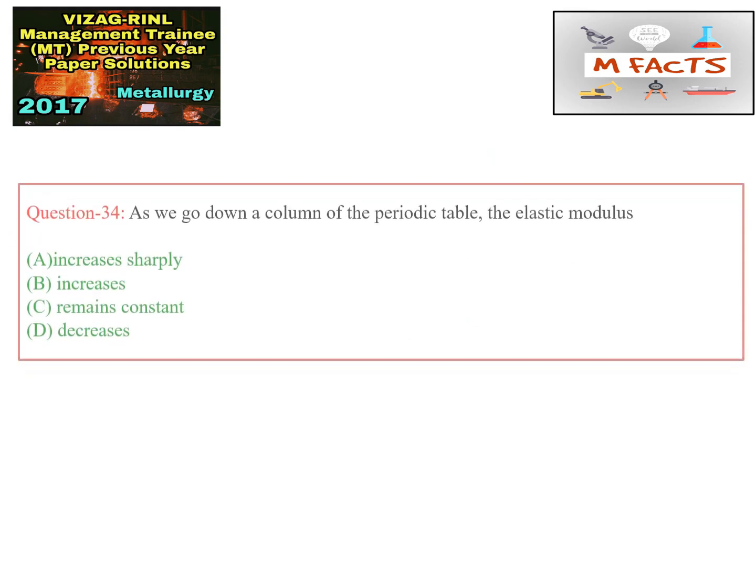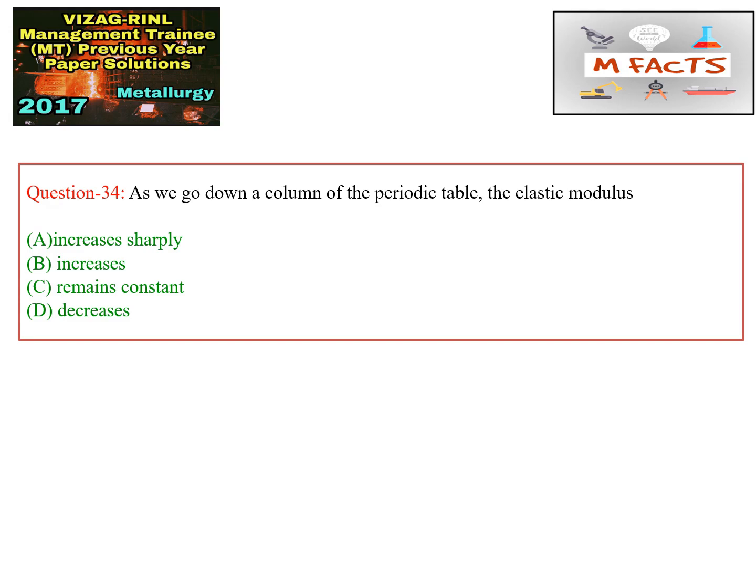Next question is, as we go down a column of the periodic table, the elastic modulus... In the first part of this video series, I have already told you about the elastic modulus of transition metals and like that I have discussed already. So this elastic modulus basically depends on the covalent nature of bonding, okay, covalent nature of the bonding.